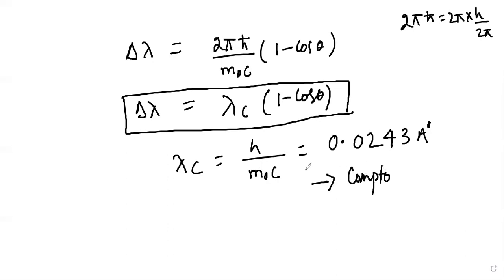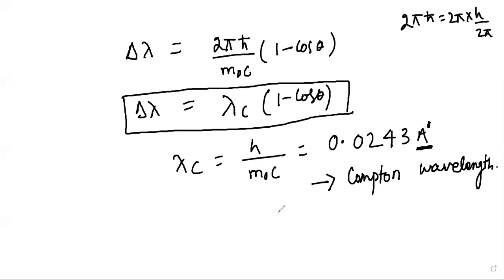We call this constant, in terms of a unit of distance, the Compton wavelength. We define this to be the Compton wavelength of the electron. The Compton wavelength of an electron is nothing but the wavelength of radiation whose photon has energy equal to the rest energy of the electron.